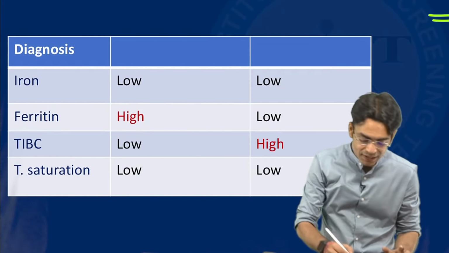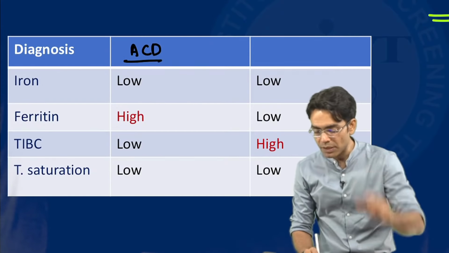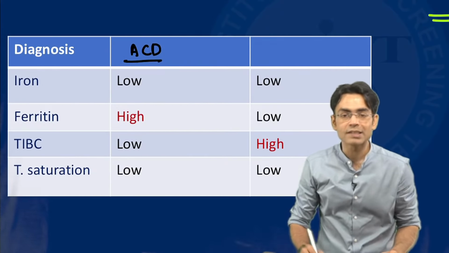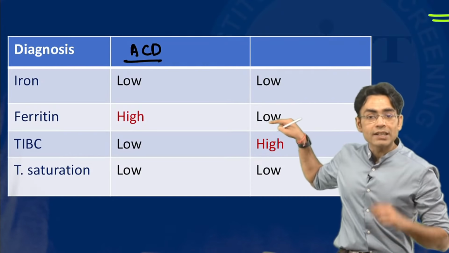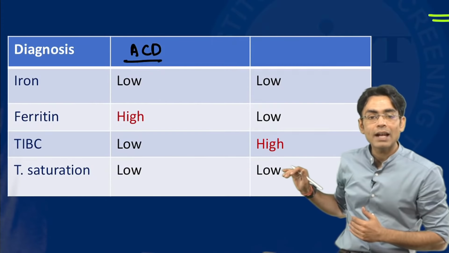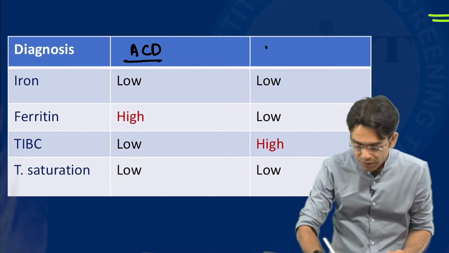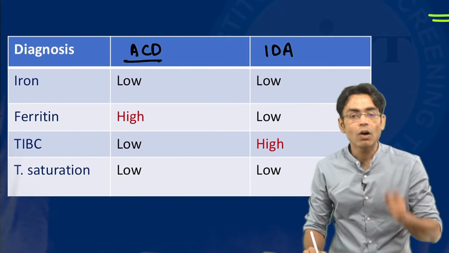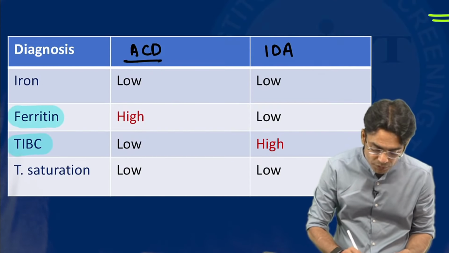So this is a picture of anemia of chronic disease. So you people are right beta, anemia of chronic disease. And here if you see iron is also low, ferritin, the stored iron is also low, TIBC is high, and transferrin saturation is low. As you have already given me the correct answer for this question, this is going to be IDA. Now, what you have to do for the exam, just learn these two values.